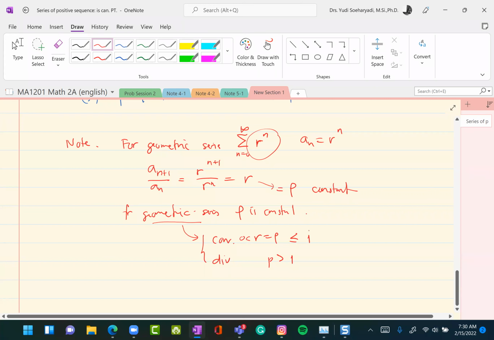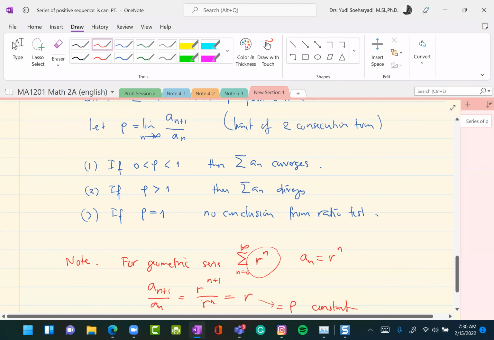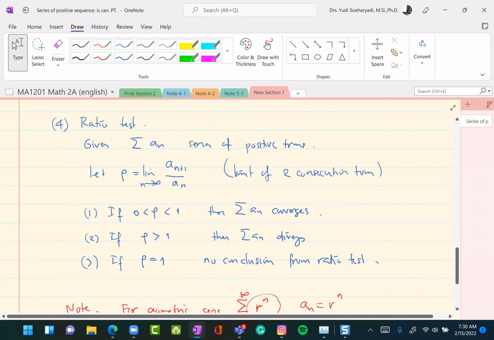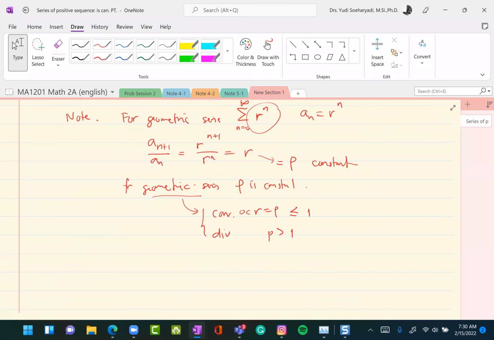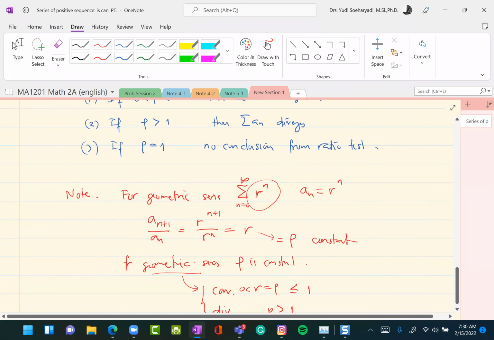So in this sense, this ratio test pretty much looks like a geometric series.